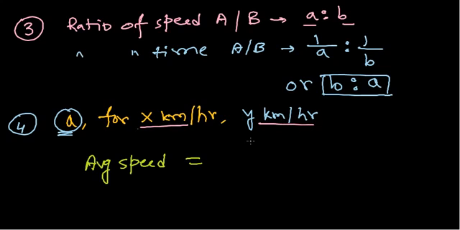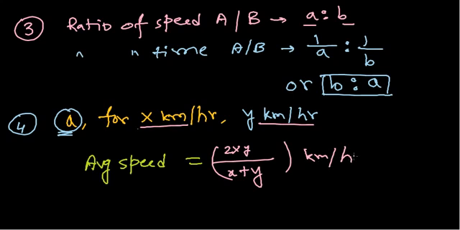So the average speed for the whole journey for that single person will be 2xy divided by x plus y, in kilometer per hour, or whatever unit you need, right?